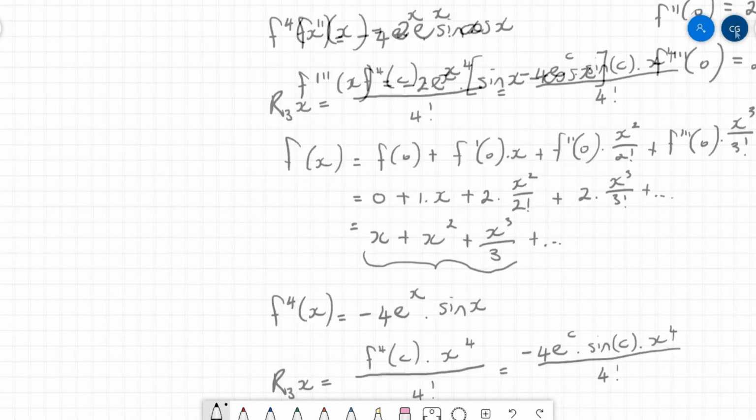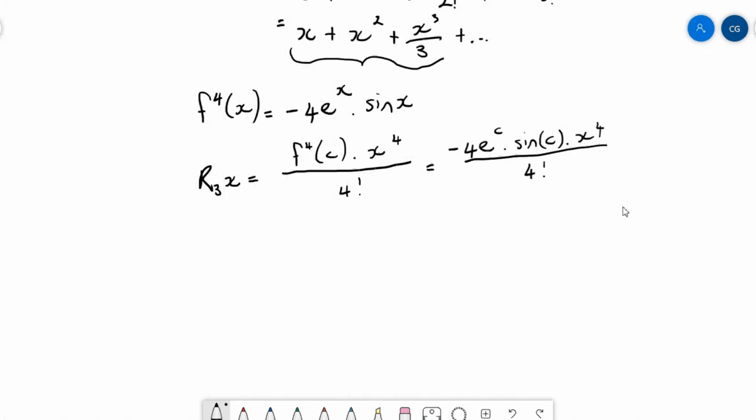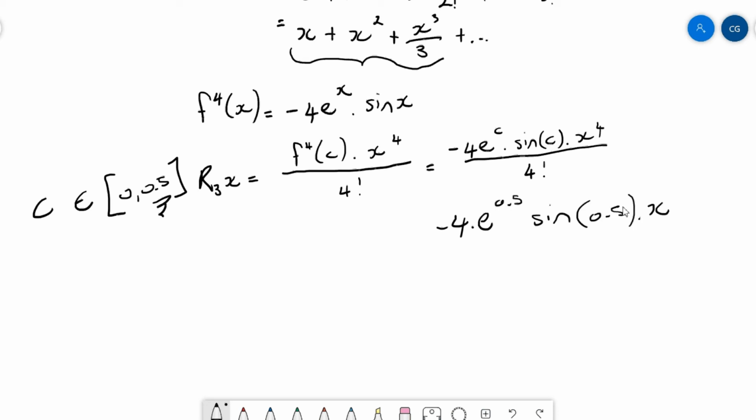Now, because they ask for an upper bound, I am going to use the upper bound of c. We have spoken previously that c is an element between 0 and 0.5. So if they ask for the upper bound, I will replace c with 0.5. So negative 4 times e to the power of 0.5 sine 0.5 times x to the power of 4 over 4 factorial. But we can replace this x as well.